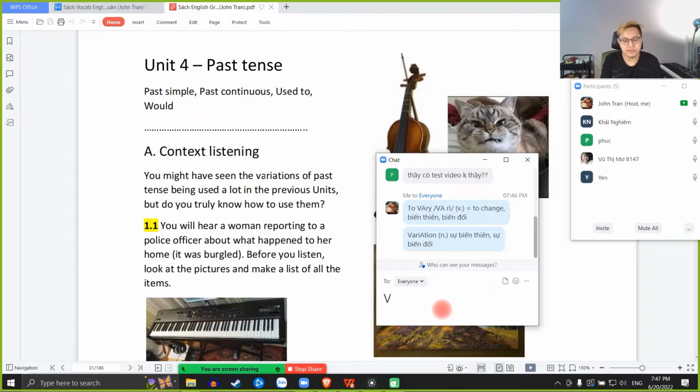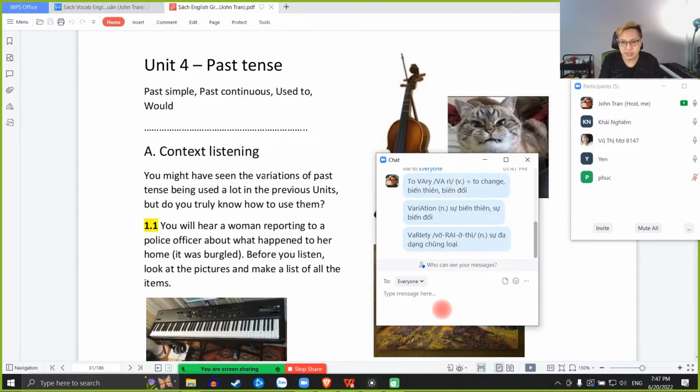We also have the noun form variety, sự đa dạng, chủng loại. Variation là sự biến thiên, sự biến đổi.